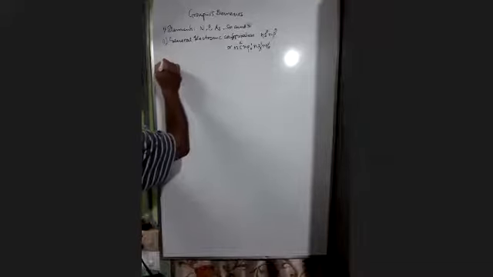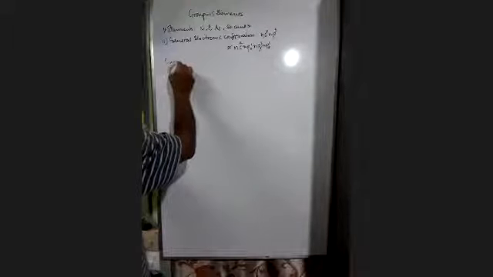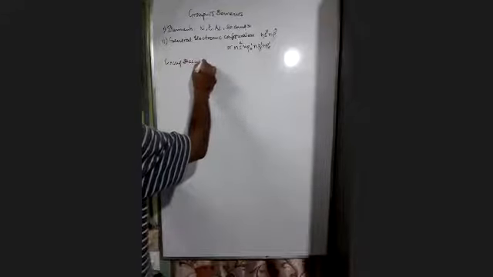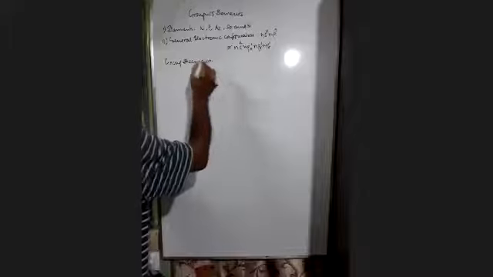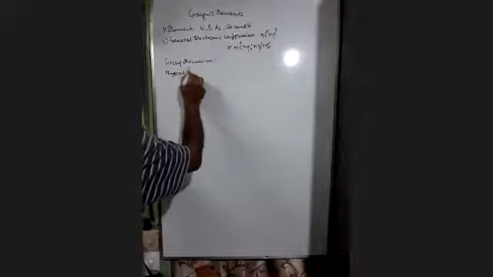Okay. Now we are going to discuss the general physical properties. Generally we call it group discussion, but somehow it is not mentioned in your book, but in our college days we used to call it group discussion. That is, we are going to discuss all the elements of the same group together.